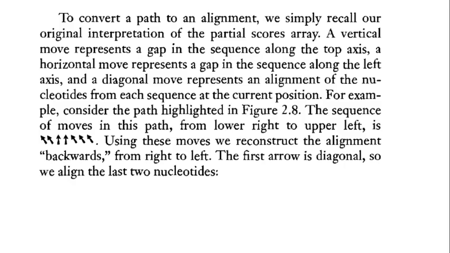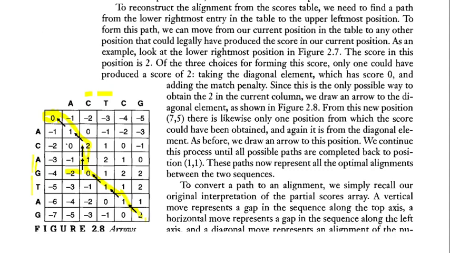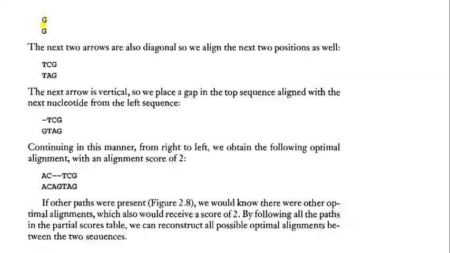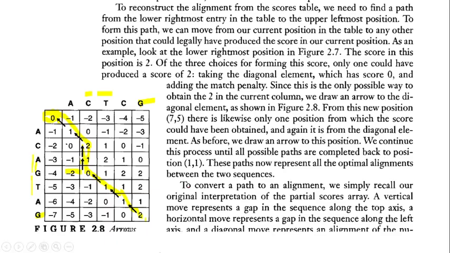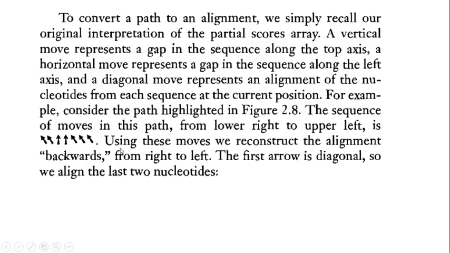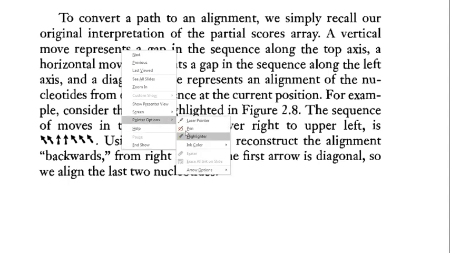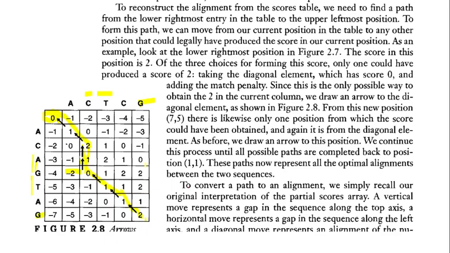So first we have seen the 2 here. So the G and G is the one present here. So we will align the G and G first, and then we can go to the next arrows. Here we can see the A and A is aligned, and then T and T is aligned.